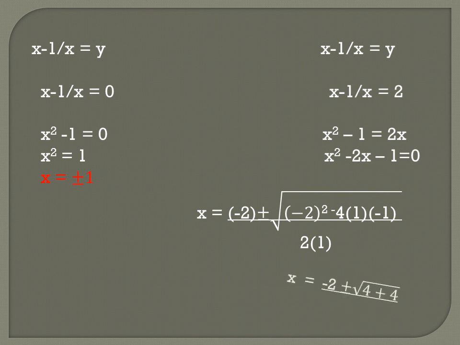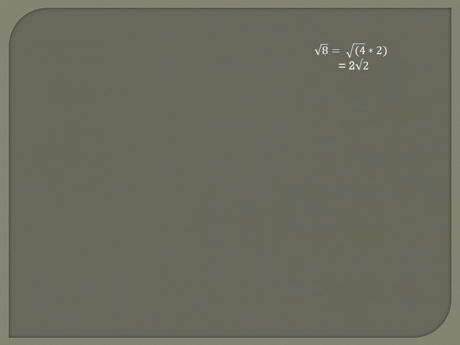By solving this formula, we can write x equal to 2 plus minus under root 8 over 2. It can also be written as 2 plus minus 2 into under root 2 over 2.